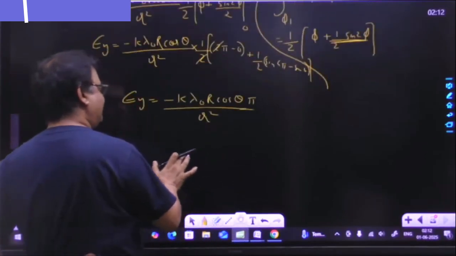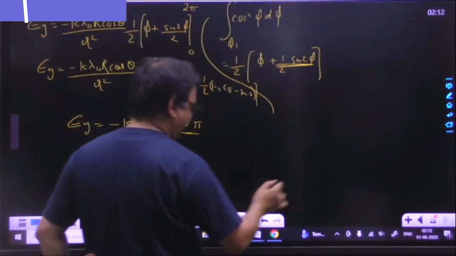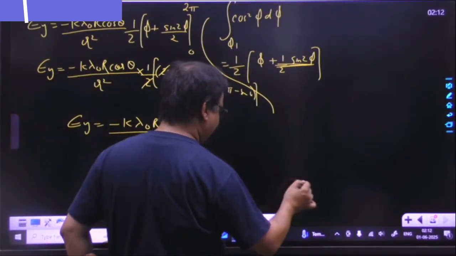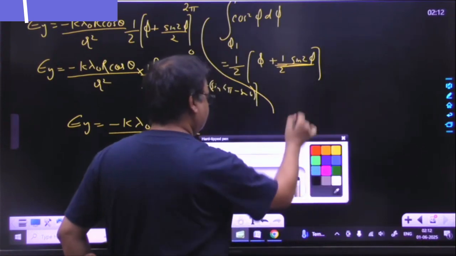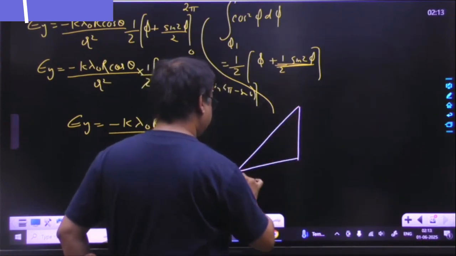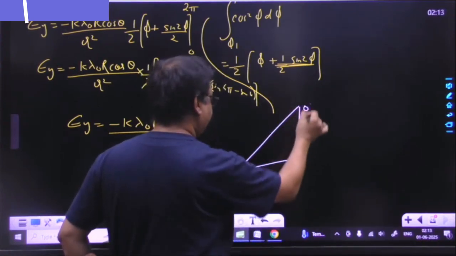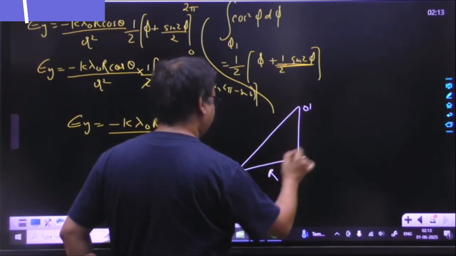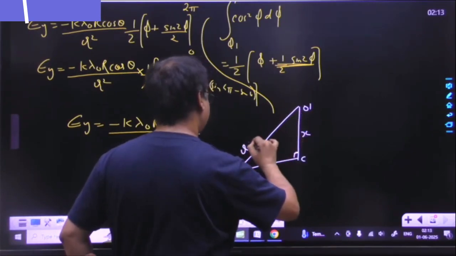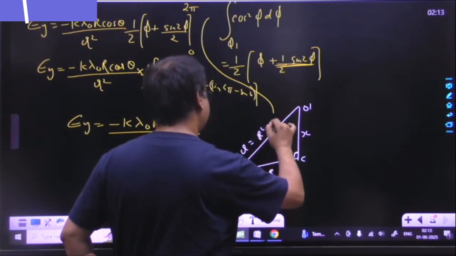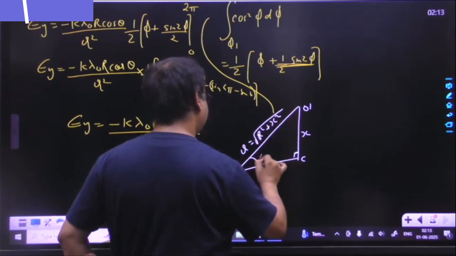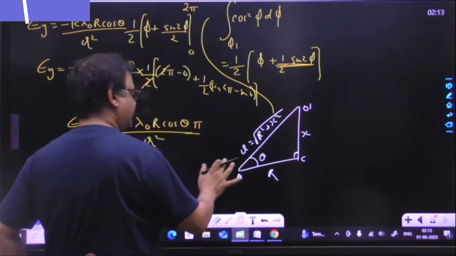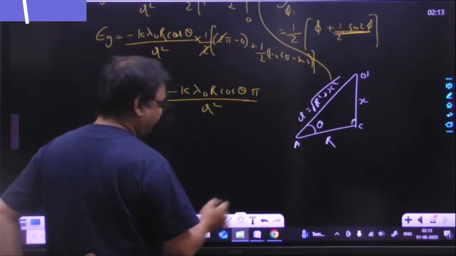Now you can put the value of cos theta and you can put the value of r. So cos theta we can find from the right angle triangle. That was the right angle triangle, correct? This is A and that point is O dash. This is C and this is R and this is X, and R is the square root of R square plus X square, and that angle was theta. So cos theta will be base upon hypotenuse.